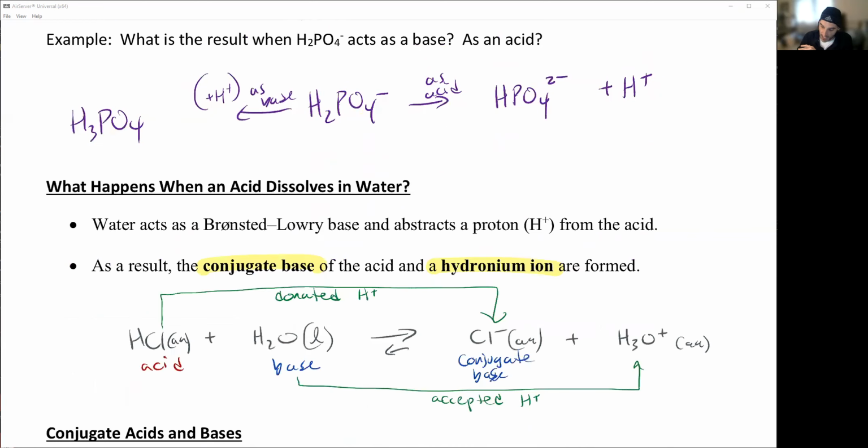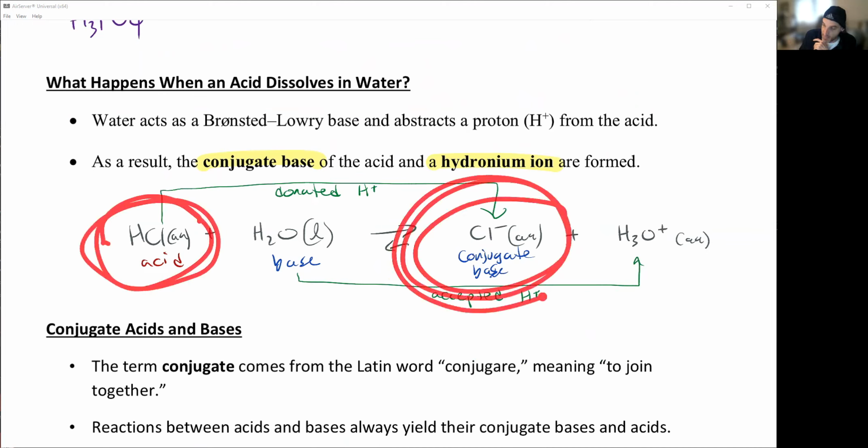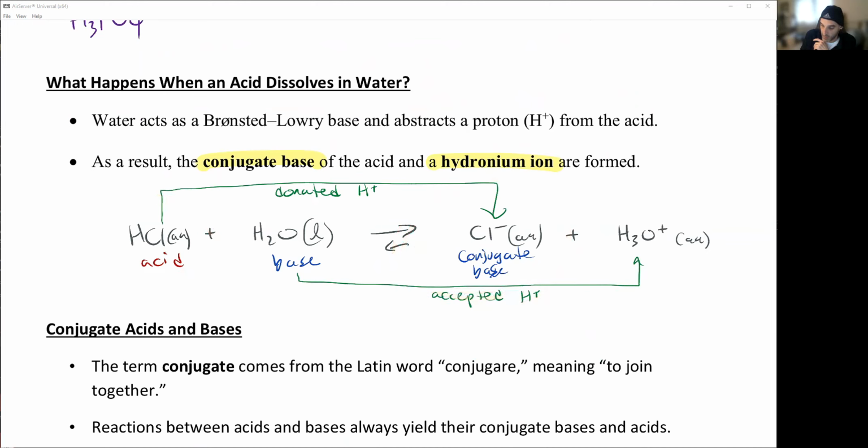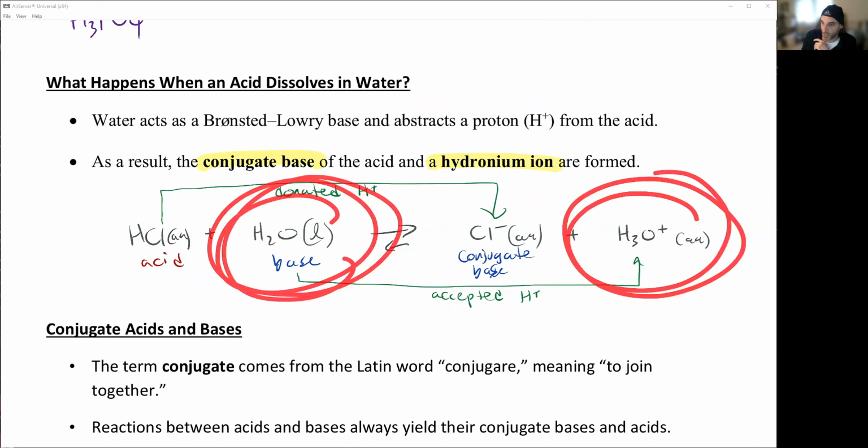Okay, so the conjugate, what you'll notice is if you have an acid, actually, I'll just point it out. If I have an acid, the conjugate is missing an H plus. Much like if I have a base, its conjugate has gained an H plus.